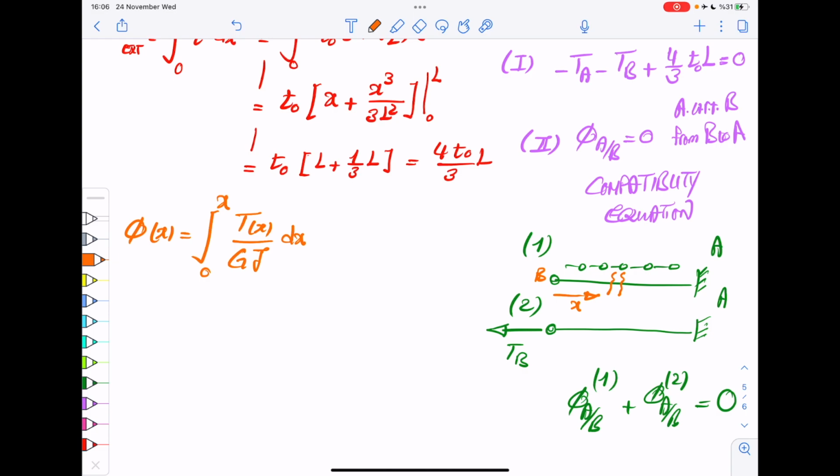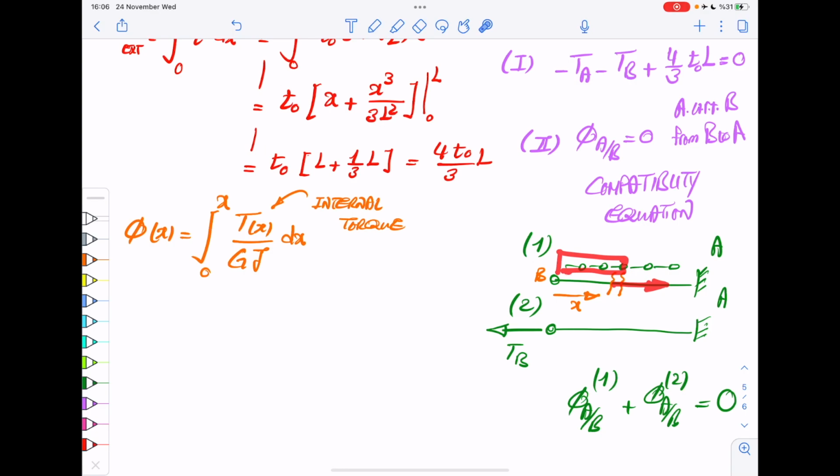Now, in this example, what is the T(x)? This is the internal torque, okay? Does that make sense? For the internal torque, we just draw it like that. So that internal torque plus this integral would be 0.